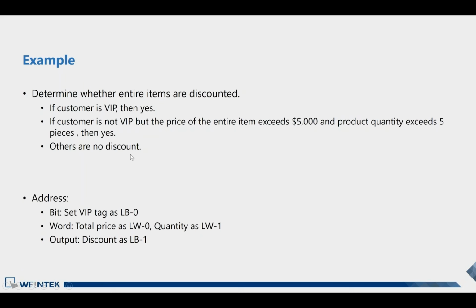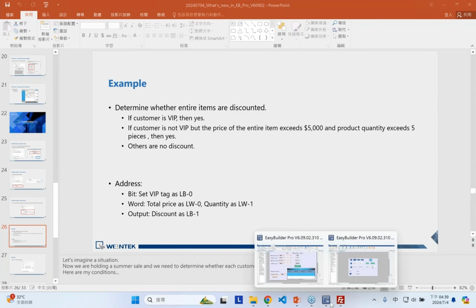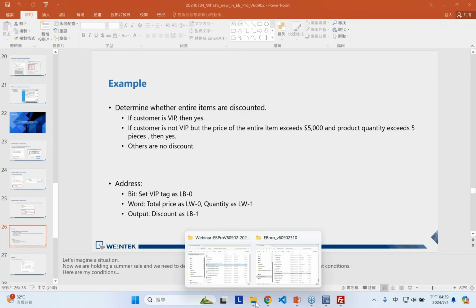For these 3 conditions, I set the very important person tag as LB0, one word for total price, another word for the quantity, and the output address for discount or not in LB1.